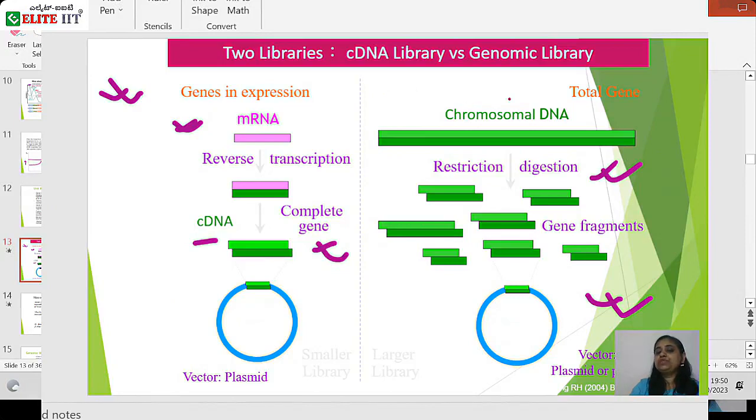To make the genomic library, you have to digest a bigger size genome into small fragments and make separate recombinants by pasting into a plasmid, the cloning vector. So multiple copies of recombinant sets will be there in the library.